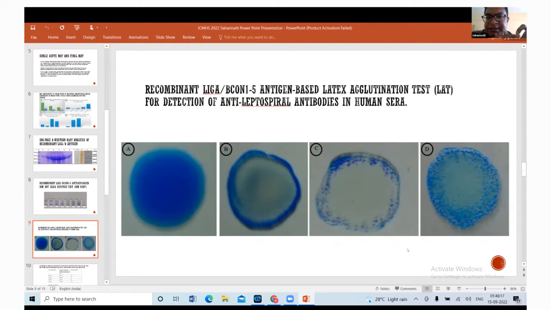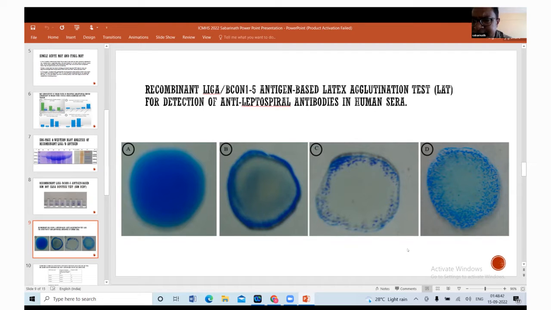The latex agglutination test which we have developed in-house in our laboratory, I have shown here. Panel A represents negative sera showing homogeneous suspension, while panel B represents a positive serum sample showing agglutination.